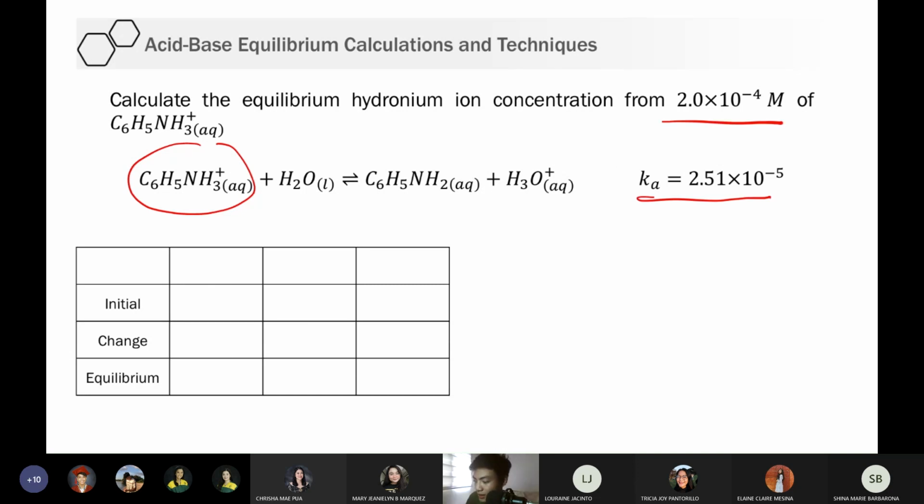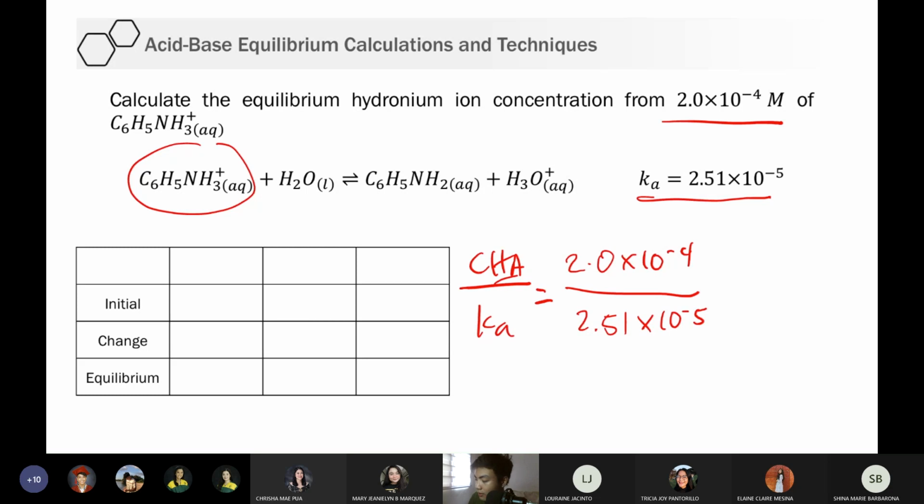Ito yung concentration ng acid natin, times 10 raised to negative 4 divided by your Ka. The concentration of acid divided by Ka. Tignan natin yung ratio nila. Hindi ko nasasagutan yan kasi since 8 yung ratio nila, we cannot use the small x approximation.